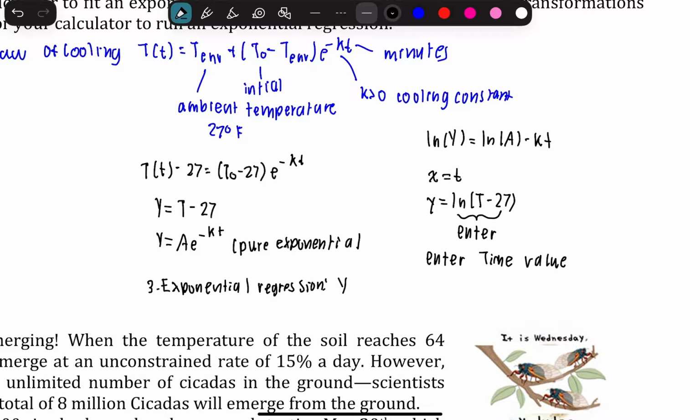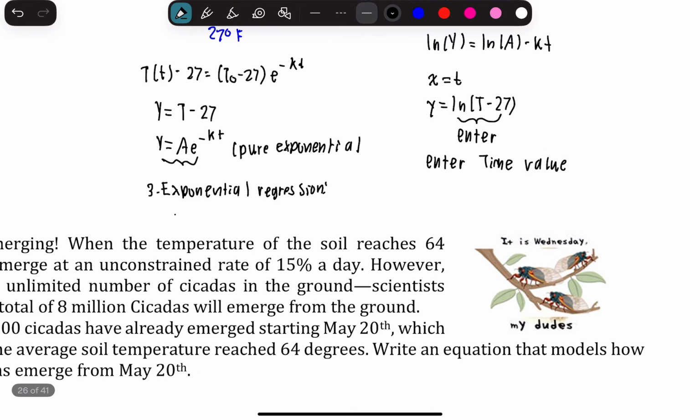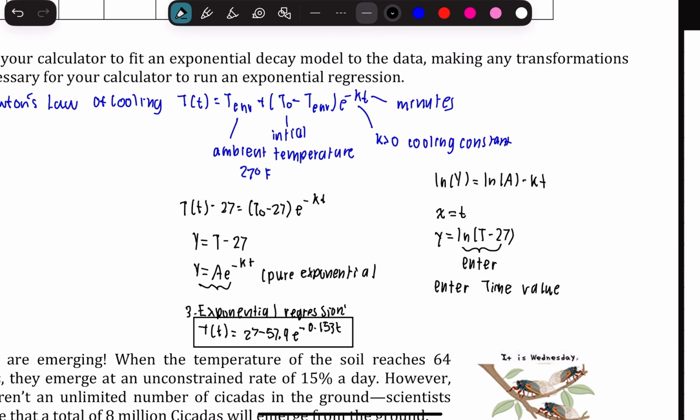Now running regression will give you the function T(t) equals 27 minus 57.9 times e to the negative 0.153t, and this is your final model. And this matches the physical situation.